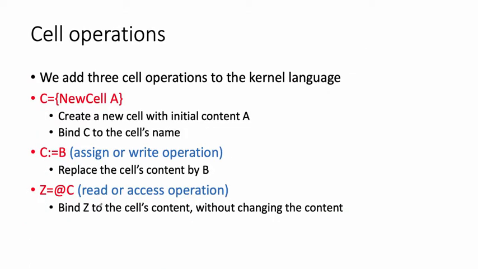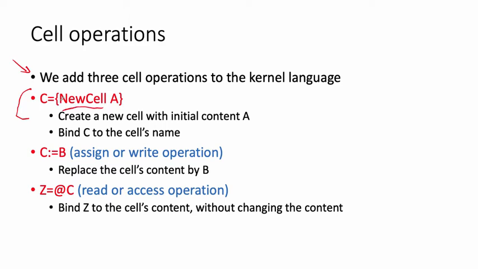We will add 3 operations to the kernel language for cells. We create a cell, and we have to create it explicitly. In a language like Java, whenever you declare a variable, you are actually creating a cell. But here we will create the cells explicitly.